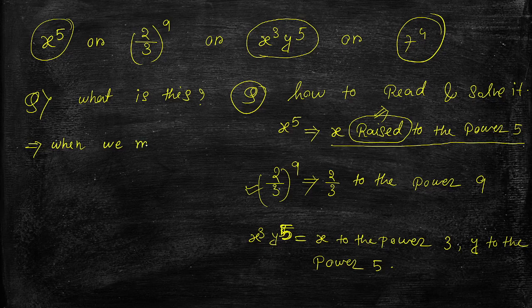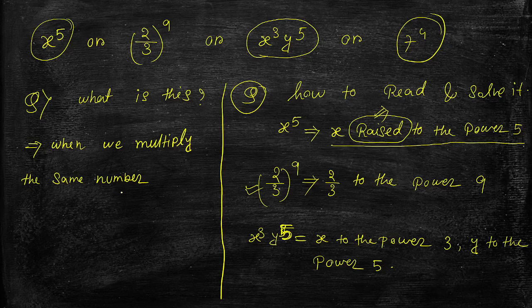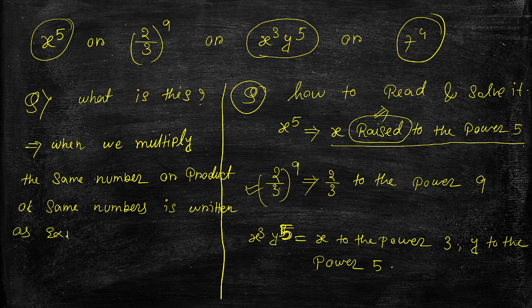When we multiply the same number, or we can say the product of same numbers, can be written in exponential form, written as exponent or exponential form.